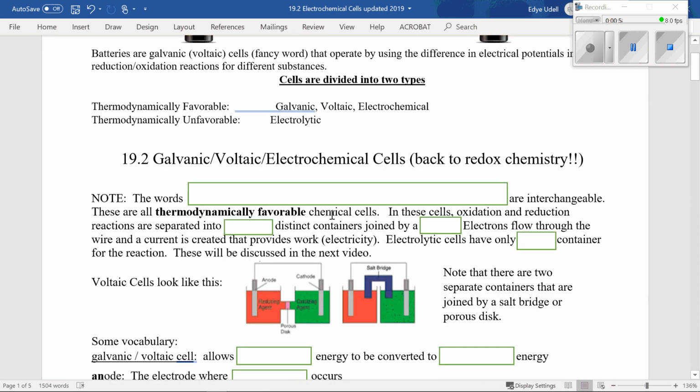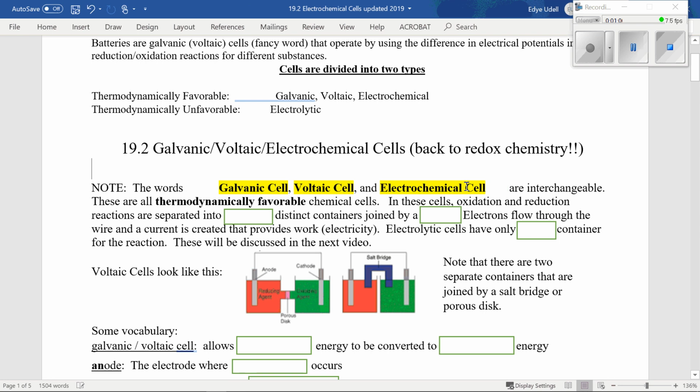So in this video, we're going to talk just about the thermodynamically favorable chemical cells, which are, again, these three types. You should write this down again. In these cells, redox reactions are separated into two distinct containers joined by a wire. Electrons flow through the wire, and a current is created that provides work, or electricity.